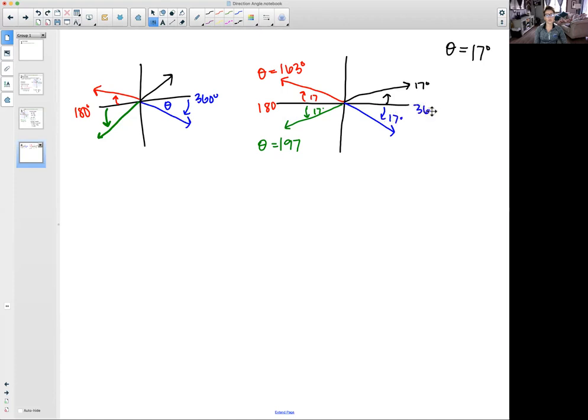The fourth quadrant ends at 360, so you would do 360 minus 17 to get this angle of 343 degrees. So make sure that you account for those reference angles, because again, tan inverse is going to give you back that reference angle, not the actual full direction angle.